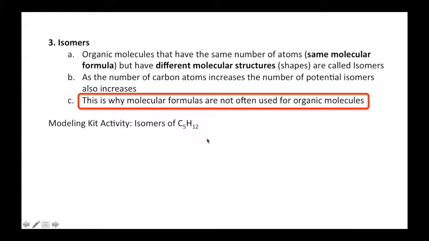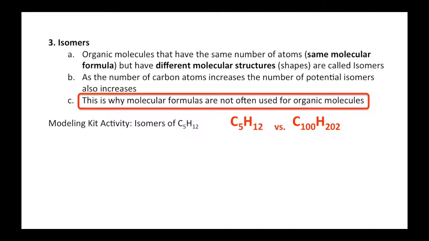We'd rather draw them, use a structural formula, because C5H12 might have 3 different diagrams, 3 isomers, but C100 is going to have thousands upon thousands upon thousands of different isomers. And so this C100H202 doesn't really tell us much. If we drew them all, we would know more about them, at least by their structure.